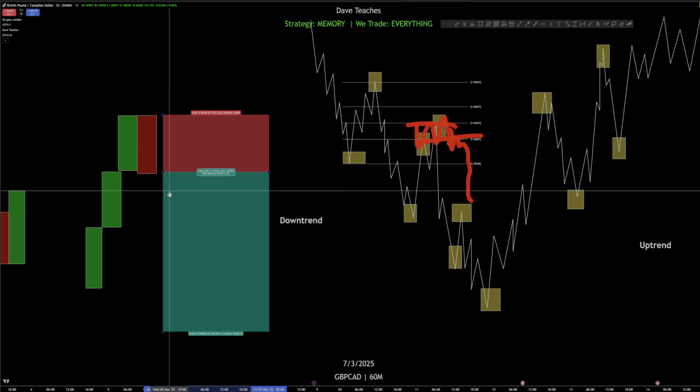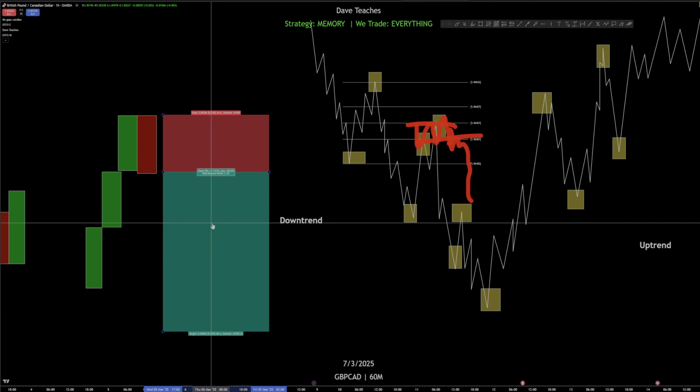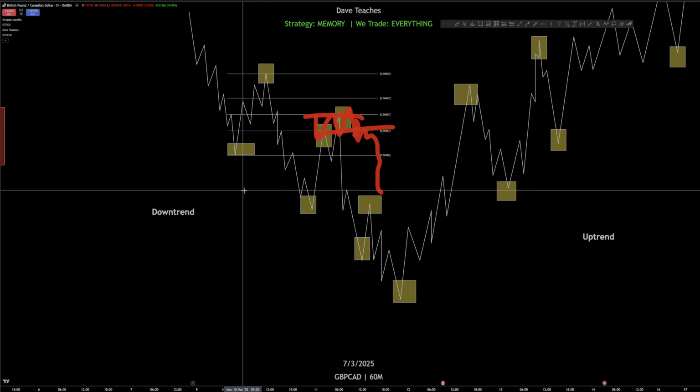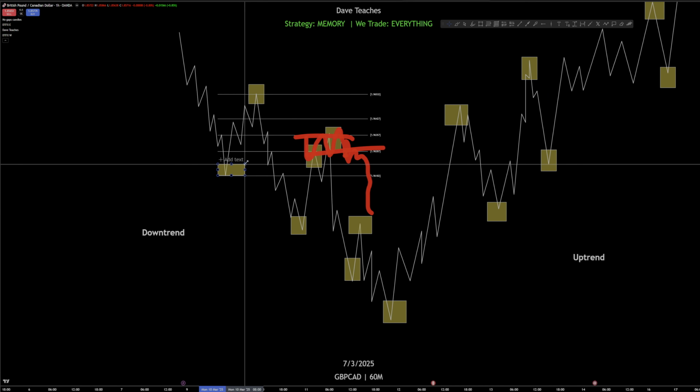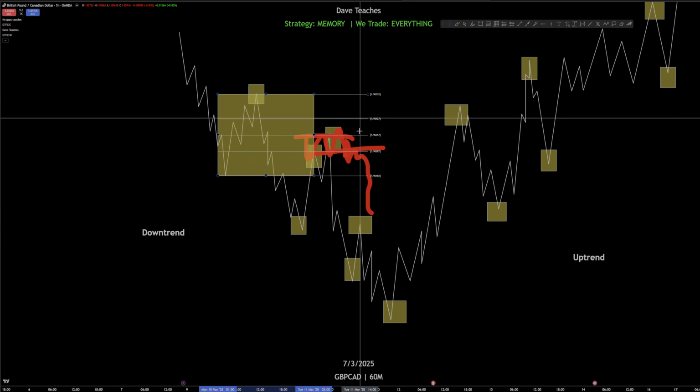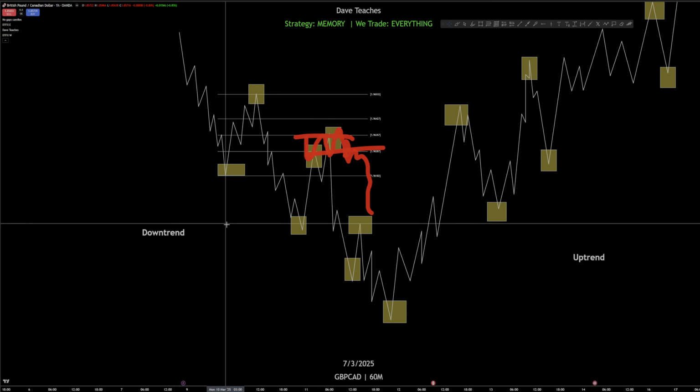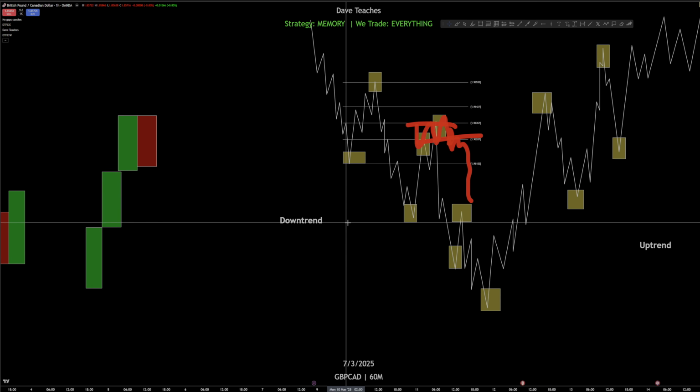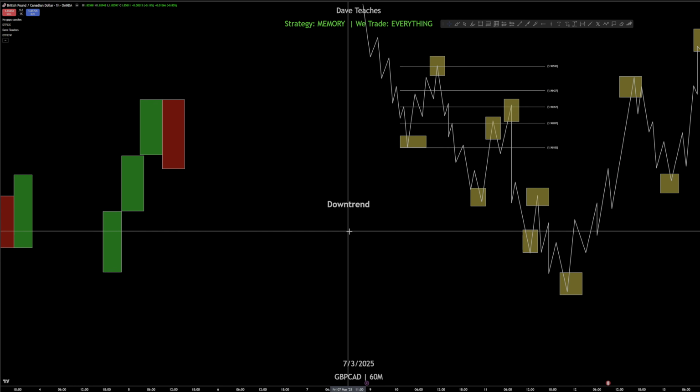While that happens sometimes, it doesn't always happen. We're looking for where this dynamic happens in order to set us up to take the trade we're looking to trade and have the outcome we're looking for.